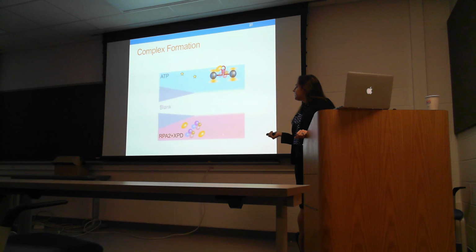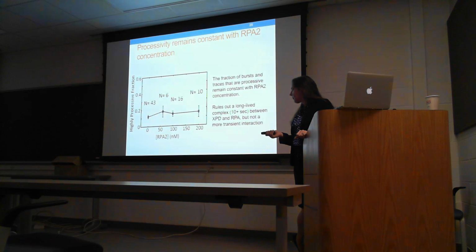So increasing the RPA2 in the bottom channel should also increase the likelihood of forming a complex. And thus, if a complex is forming, we should see an increase in processive activity as we increase RPA2 concentration.